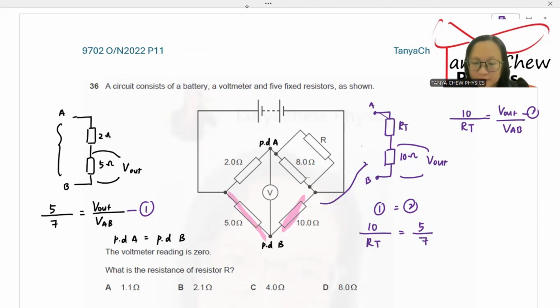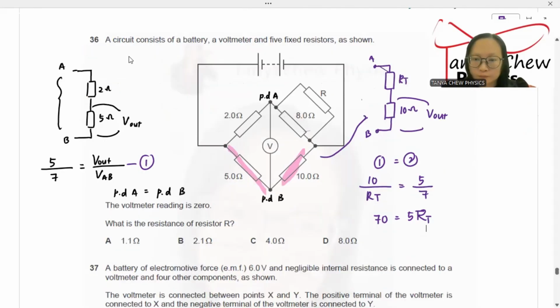70 equals 5 R total. So that is why R total is equal to 70 divided by 5, which is 14 ohm.